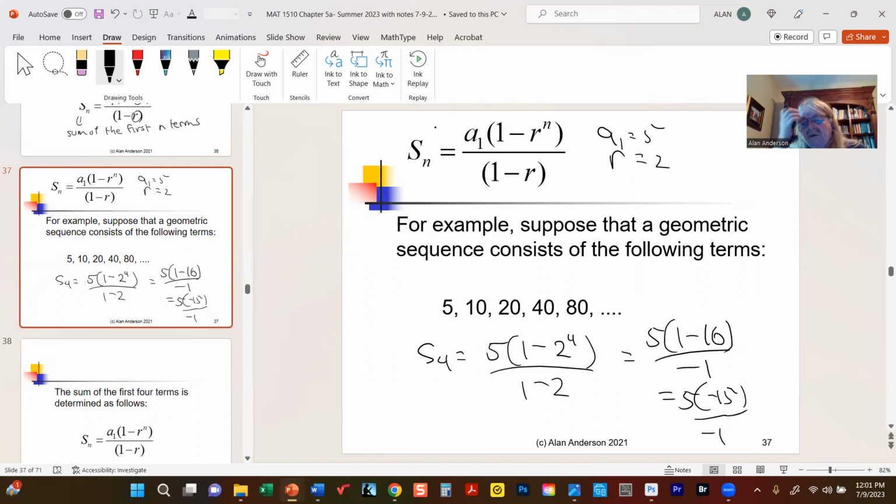Now, these two negatives will often drop out. Okay, I mean, here we only have positive terms. We can't possibly have a sum that adds up to a negative number. So often we see the negatives drop out in these cases, and then we just simply end up with 75.